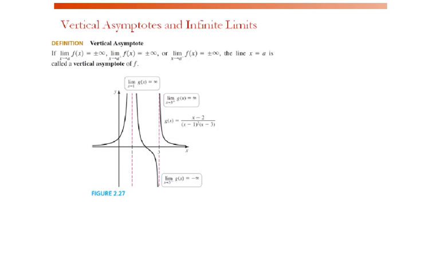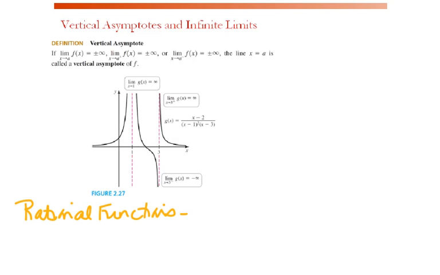So I want to turn my attention now to vertical asymptotes. When we discussed rational functions in algebra or pre-calculus, we said a vertical asymptote is a place where the function is undefined. And what kind of functions do they usually pertain to but rational functions?